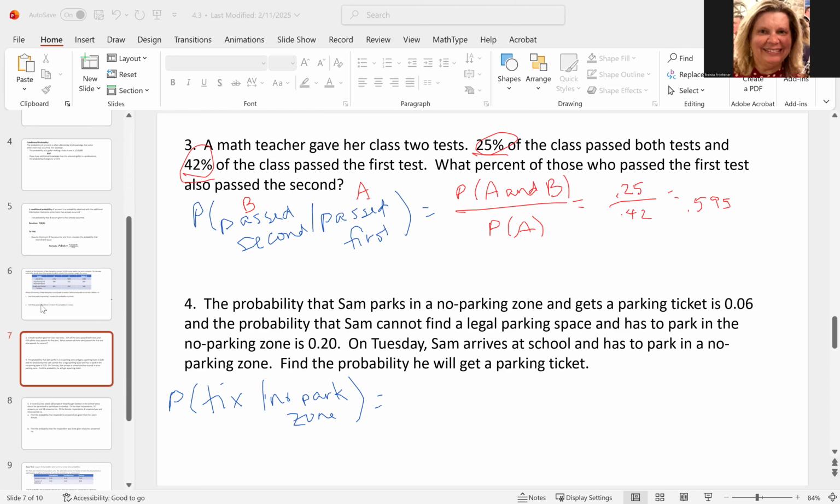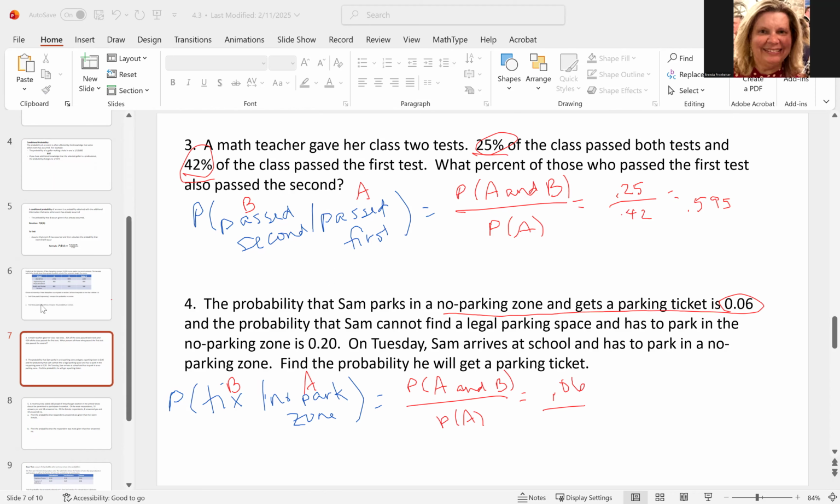So that's again going to be the probability of A and B divided by the probability of A. The probability that he parked in a no parking zone and got a ticket was 0.06.